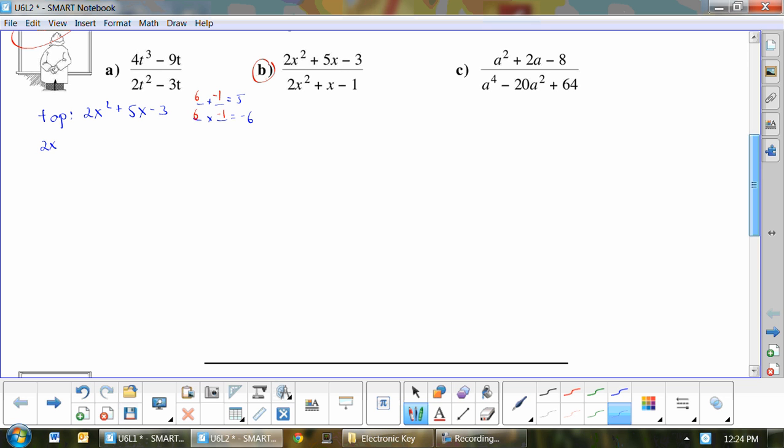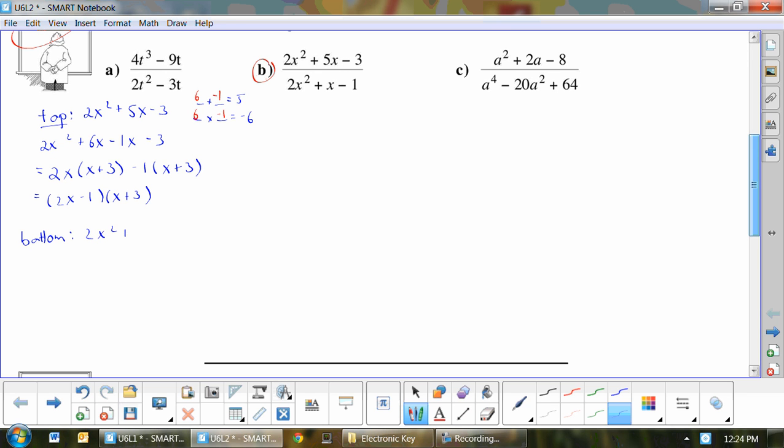So we go 2x squared plus 6x minus 1x minus 3, which is equal to 2x(x plus 3) minus 1(x plus 3). So we know our two factors are 2x minus 1 and x plus 3. This is just the numerator. Okay, so next we'll do the denominator.